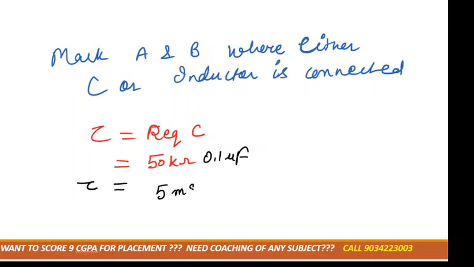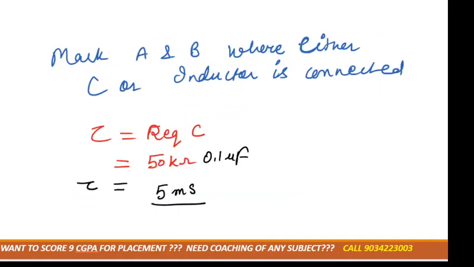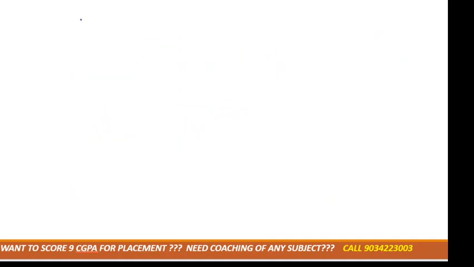5 milliseconds, right? So can we put down the value here? Tau is equal to 5 milliseconds, correct? So now can we solve it further, like 1 by 5 millisecond? 1 by 5 millisecond is how much? 1 by 5 into 10 raised to power minus 3, right?